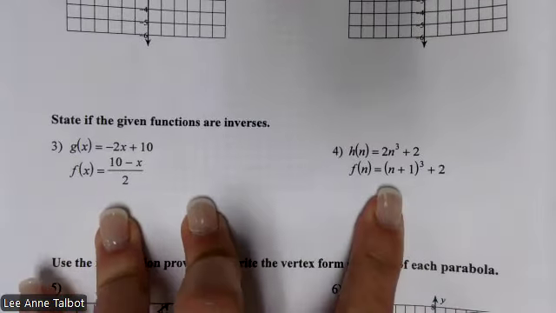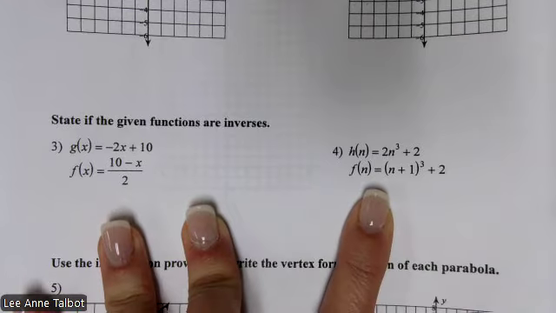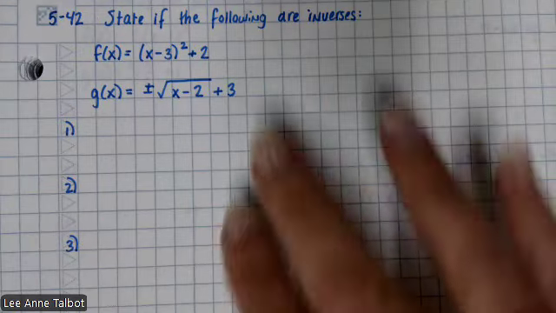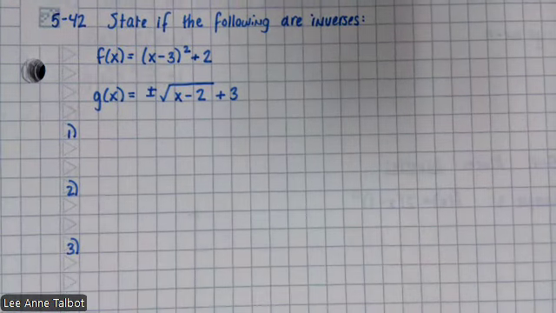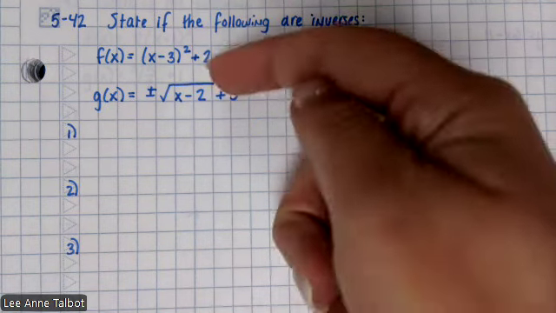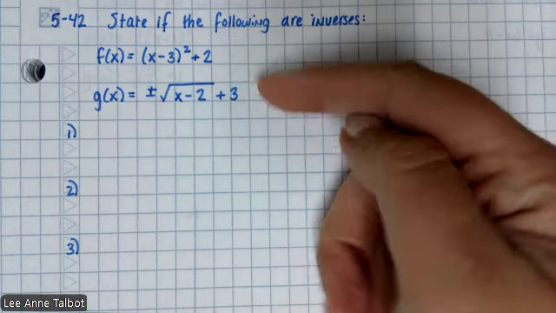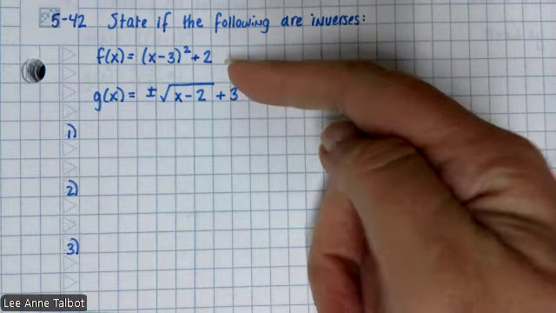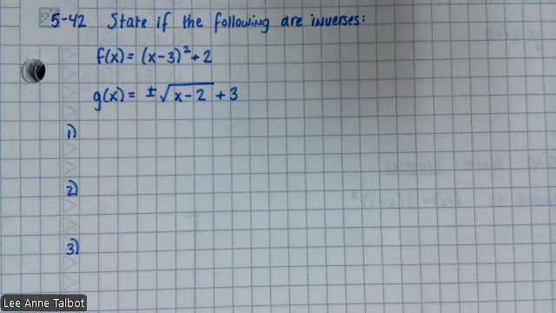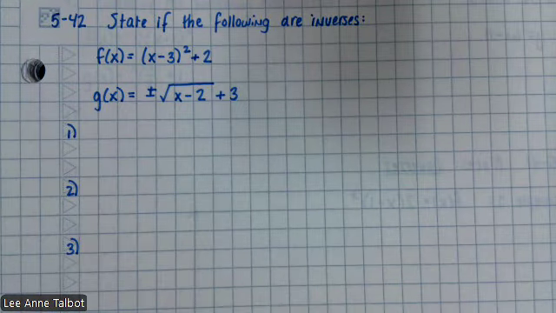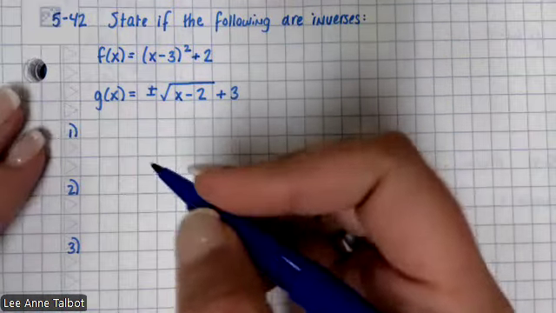State if these are inverses. What you're supposed to do is take the two they already gave you and figure out if this is the inverse of this guy and if this is the inverse of this guy. I want to tell you that there's 3 methods to complete that, and you get to pick your favorite.